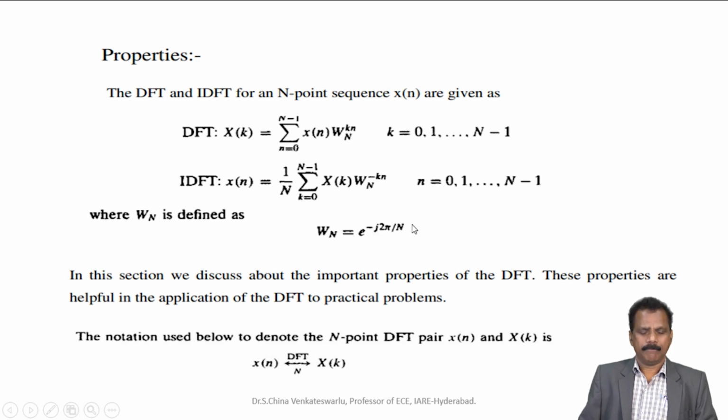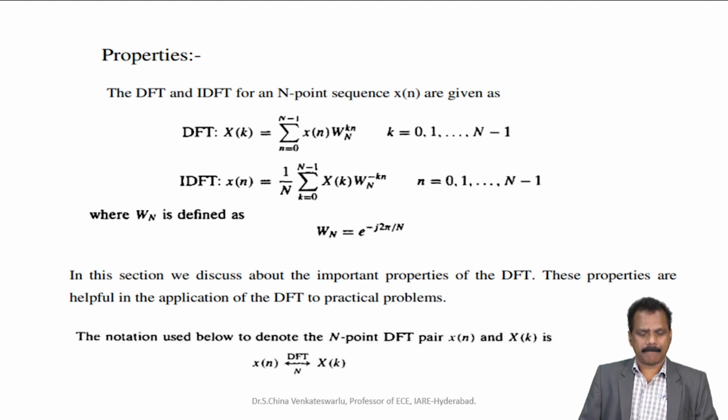In this content, we discuss the important properties of the DFT. These properties are helpful in the applications of discrete Fourier transform to practical problems, like real-time problems, which we will solve by using the major properties of the DFT.